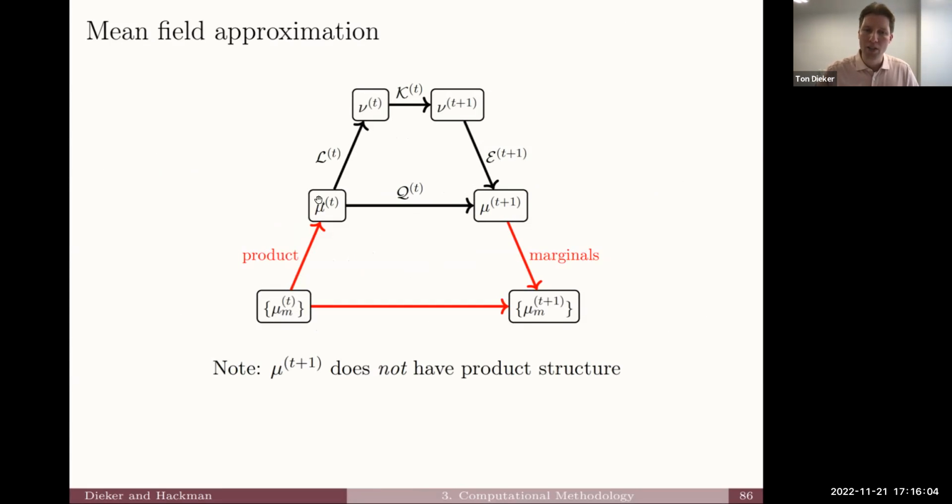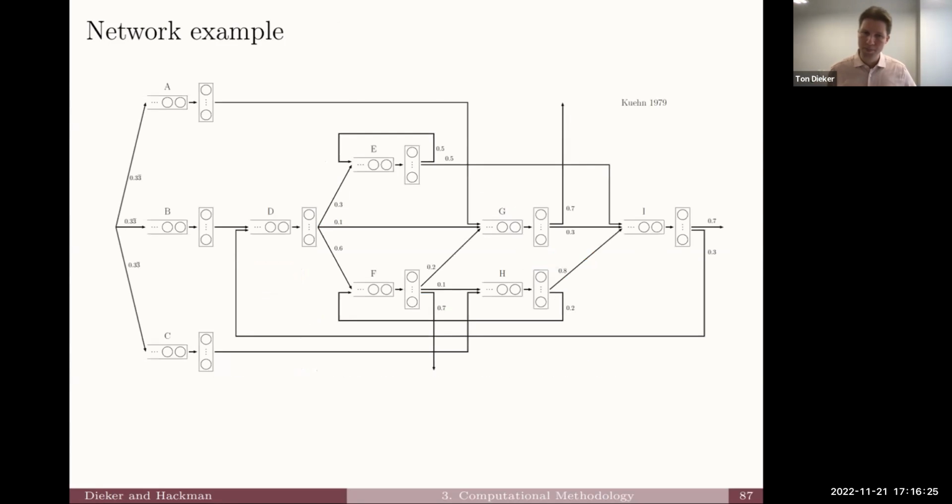Okay, we take a product, we go up, then we apply Q, which destroys all the product structure in mu t. And then we calculate the marginals, and that defines a way to get across. Of course, we still need to talk about how to do this efficiently. And there are some details that are missing here, but I'll show you how this is done.